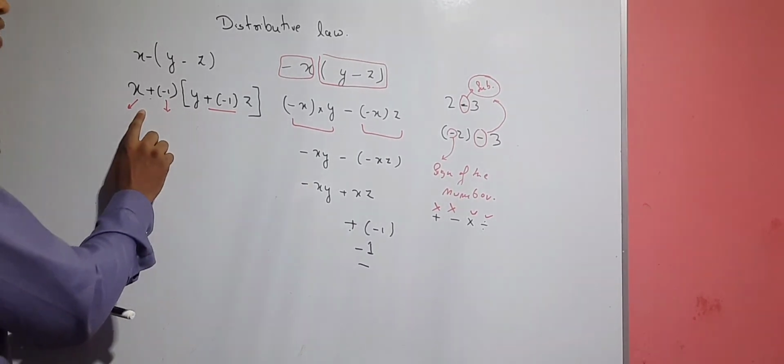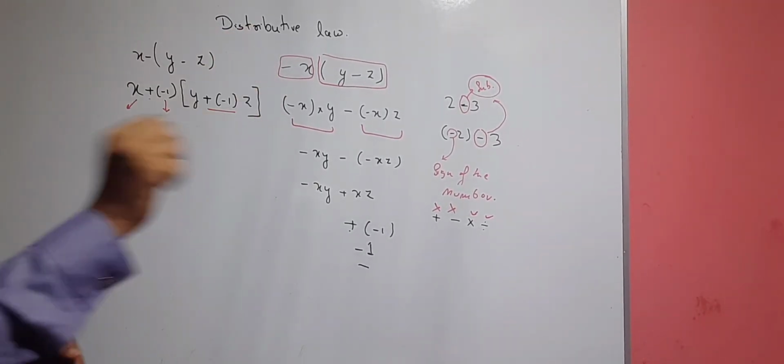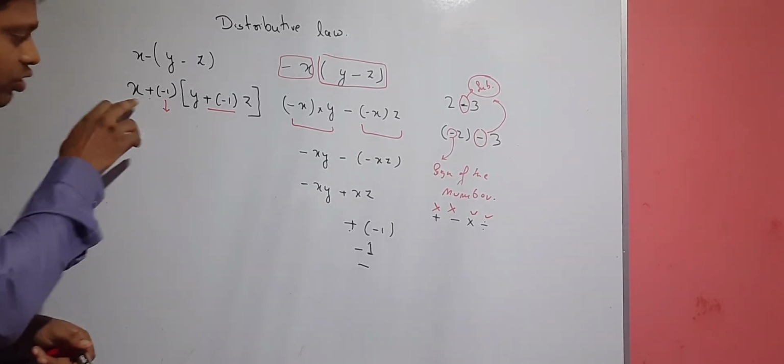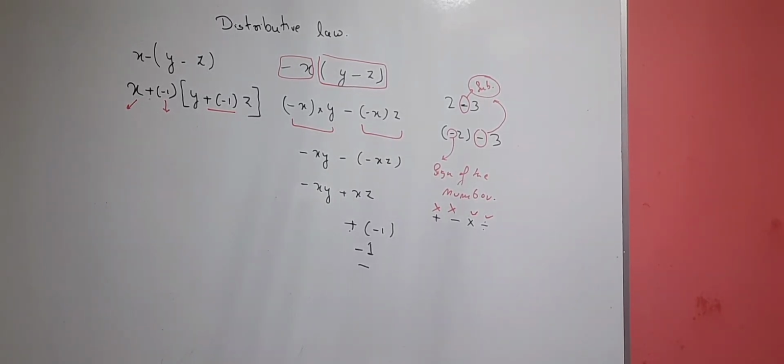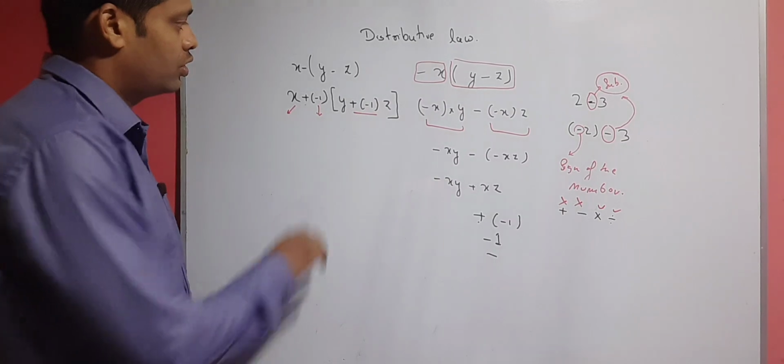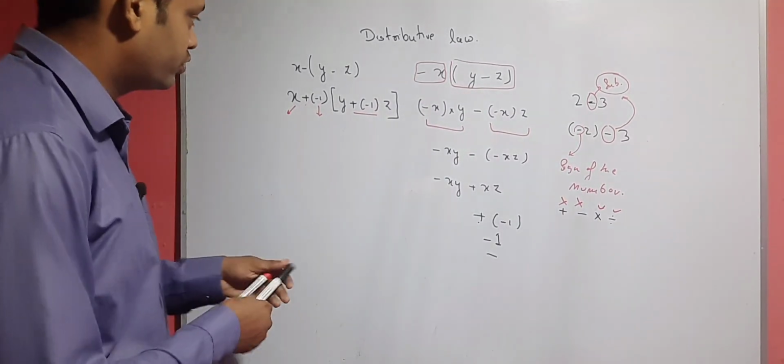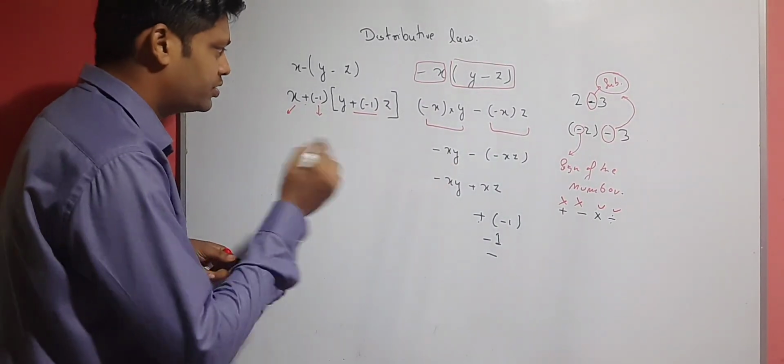You should not use x, very important. We should not use x to multiply with this. Okay, you understood? So let's do this one, we'll do more sums, it will be clear for you.